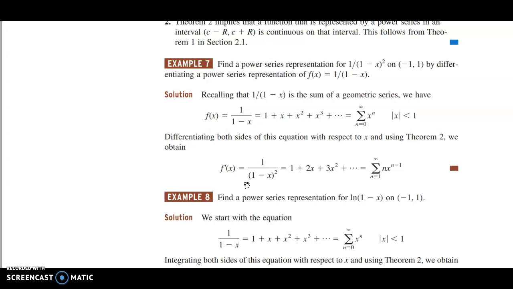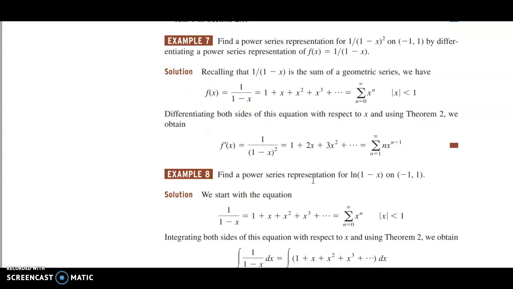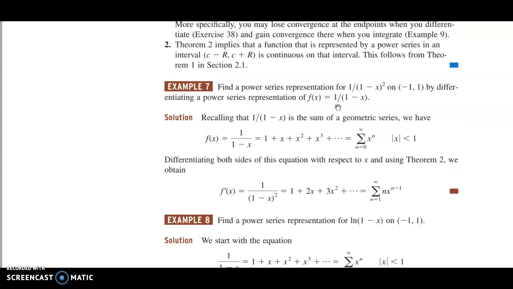I can define this derivative as 1 plus 2x plus 3x square plus etc. Using this, we can say that this is f dash x. And we know that the derivative of 1 by 1 minus x is equal to 1 by 1 minus x whole square.